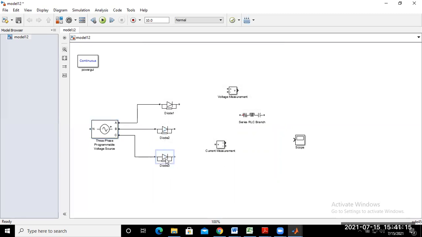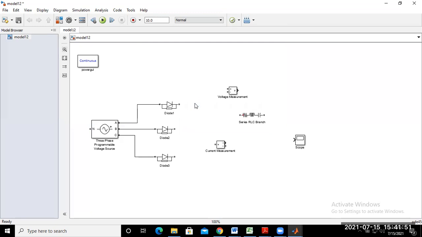And okay. Now just connect these output terminals of the diode, that means anode of diode 1, 2, and 3. It is not connected in proper manner.